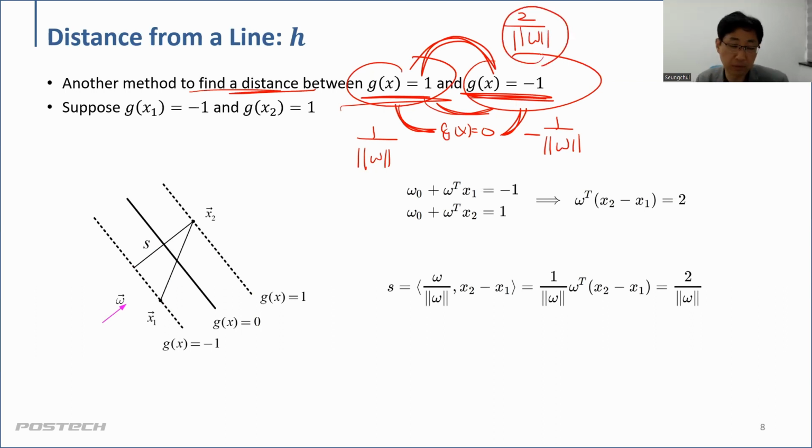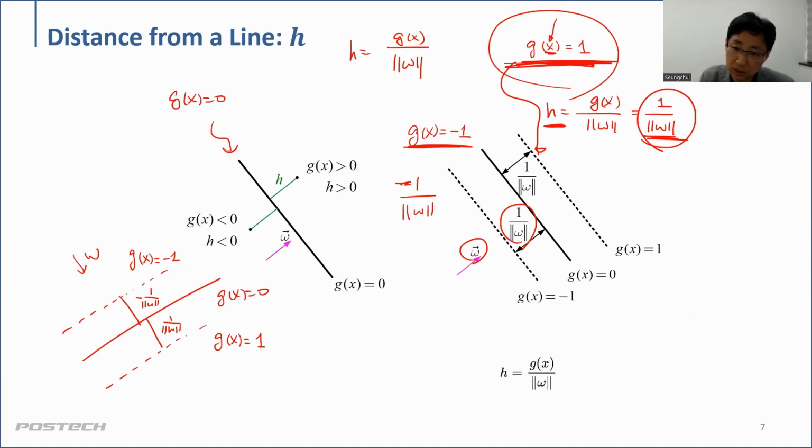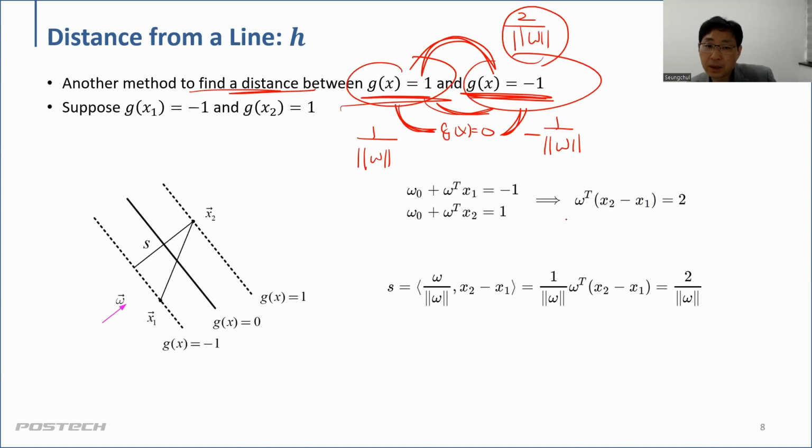That's how we can compute it from the previous one. What I'm asking is what's the distance between these two? Suppose we have x of 1 and x of 2 satisfying this equation. I picked an arbitrary point x of 1, and x of 2, and s is the distance that we want to compute.